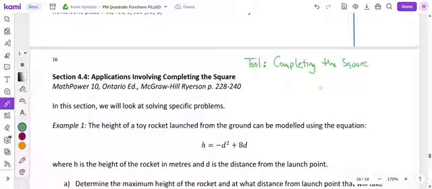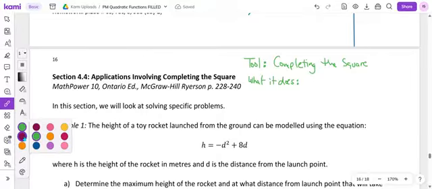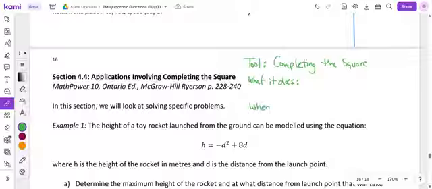So on my tool sheet, I'm going to be like, okay, I got a new tool. It's called completing the square. What does it do? Okay, I want you to discuss with the person next to you. The first one you can answer.